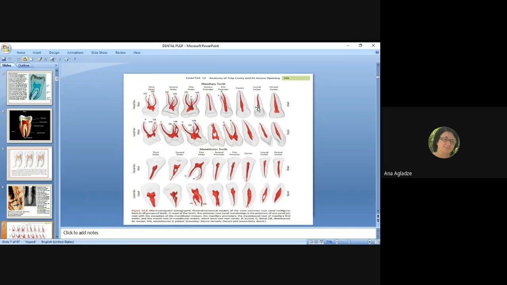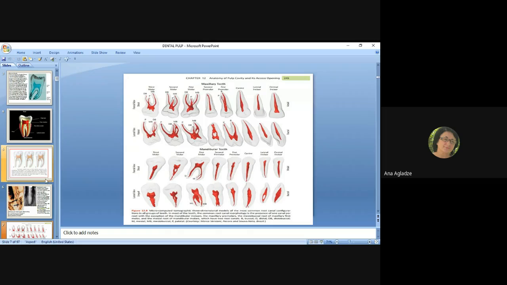And here you can see this is the frontal view, and this is the lateral view, and you can see from the first to the eighth, third molar, pulps, which sometimes in incisors and canines each has one canal, and here you can see the 2 canals and 3 canals in molars.